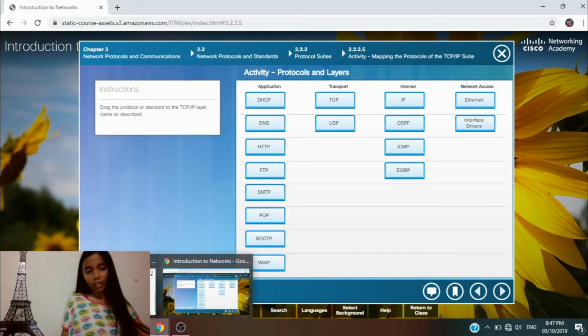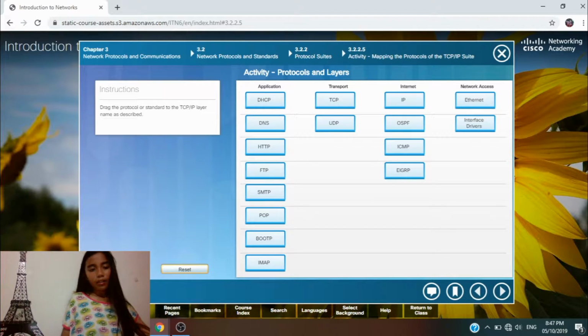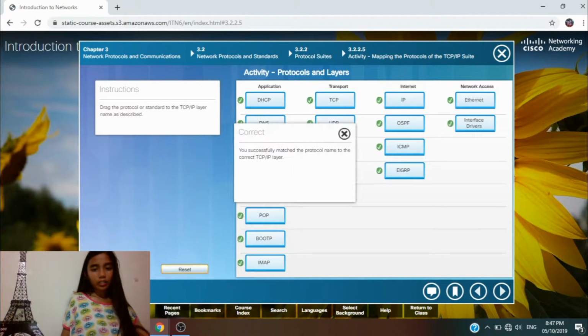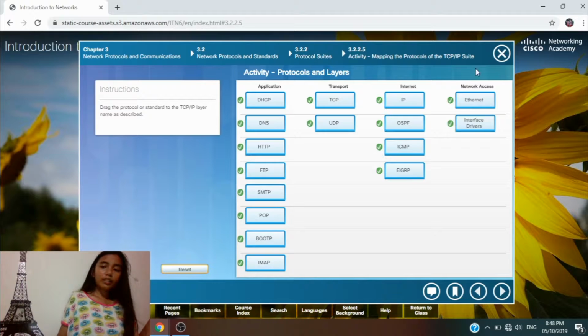So let's check if my answers are correct. So it all matches the protocol name to the correct TCP/IP layer. So let's proceed to the next activity.